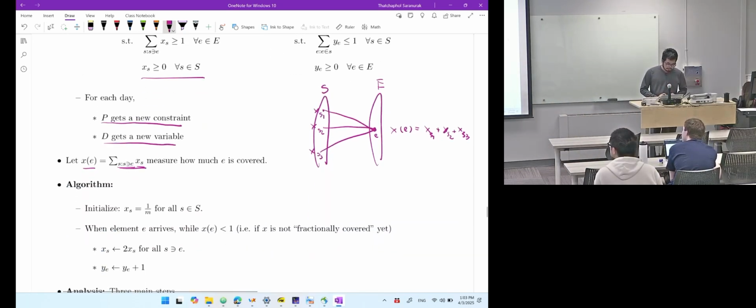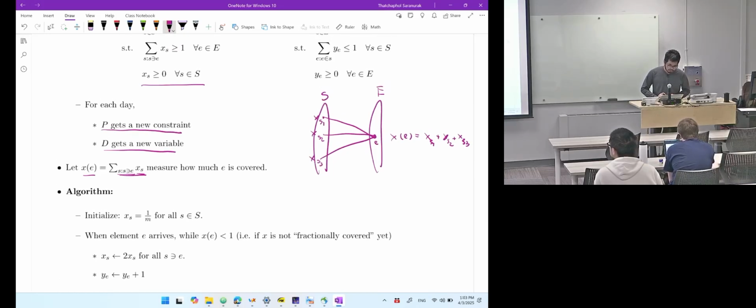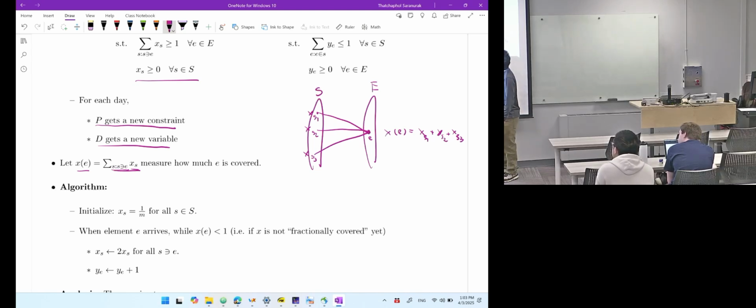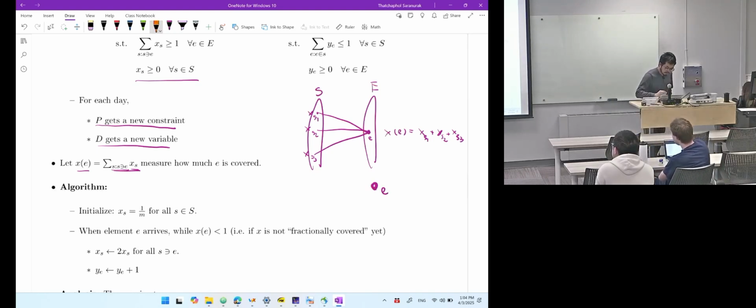So the algorithm is going to be simple. Initially, I'm just gonna set the value on every set to be 1 over m. Then when a new element E arrives, I look at what X_E is.